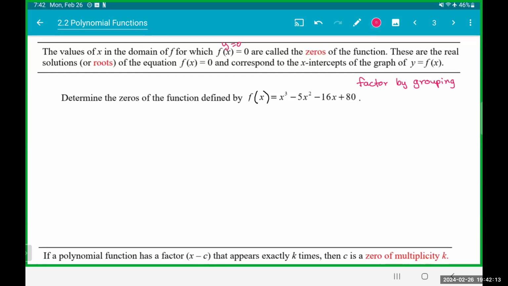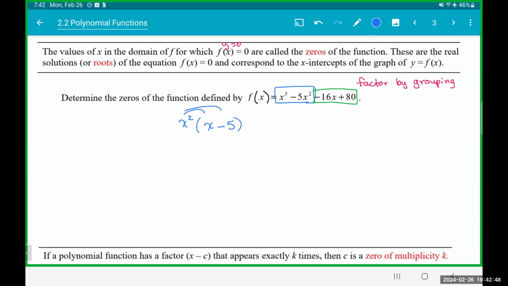So factor by grouping. Let's get two colors. I'm going to factor the first two terms together, and then factor the second two terms together. First, if I look at just the blue box, what can I factor out of both terms? Both terms have an x squared in them. If I take an x squared out of x cubed, it leaves me with x. If I take an x squared out of 5x squared, it leaves me with the 5.